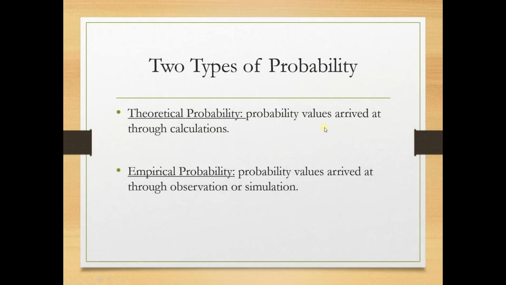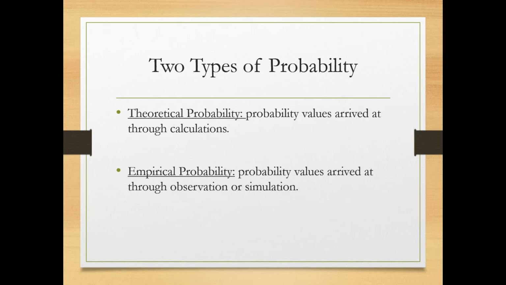Starting out, this is something that was not really stressed or really presented in the notes, but there are two types of probability. We're actually using theoretical probability right now when we use the addition rule for disjoint or mutually exclusive events.